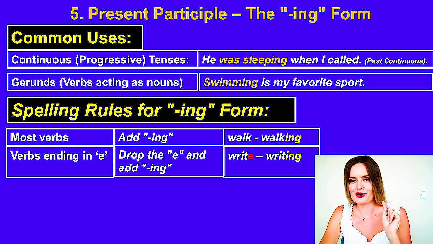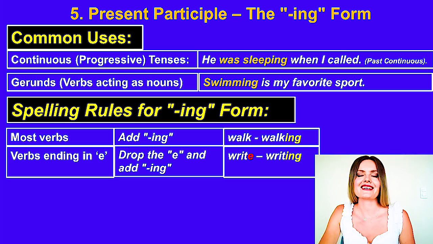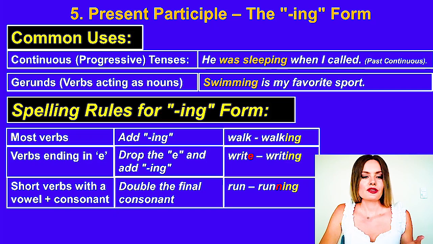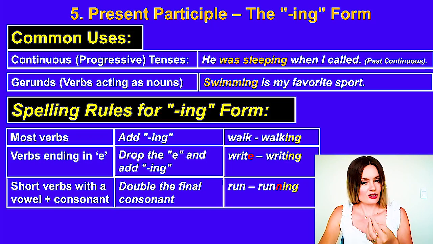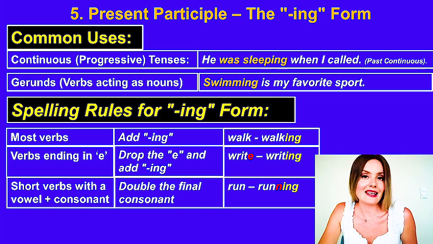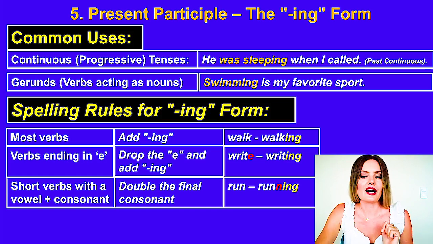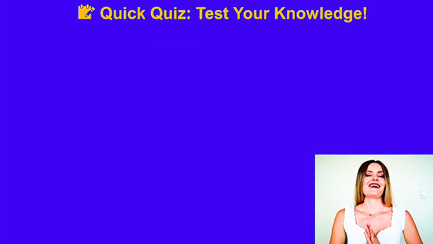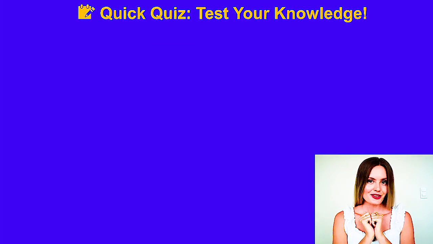Don't forget to drop that silent E and add ing. For short verbs with a vowel and consonant, double the final consonant. For example, run, running. Same as we would do when adding the ending ed, right? We should double that consonant N. Run, running. Great job!